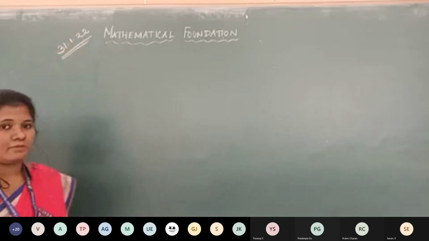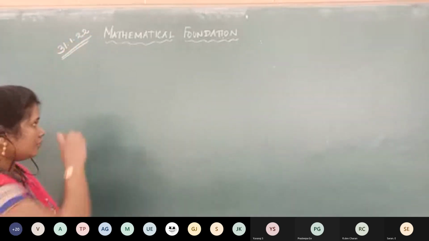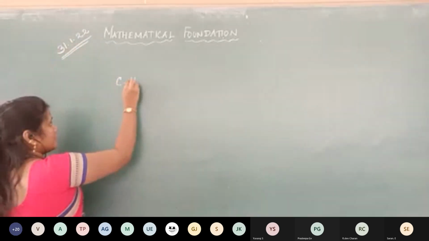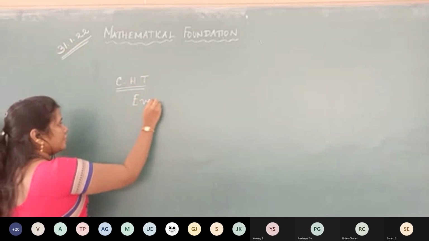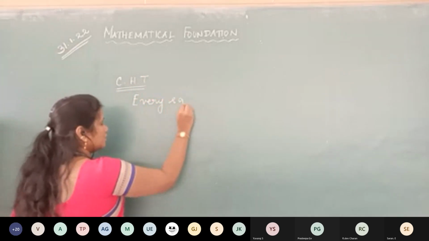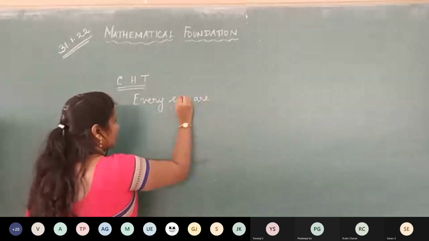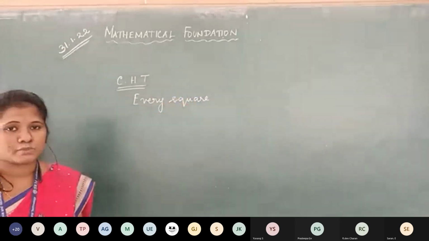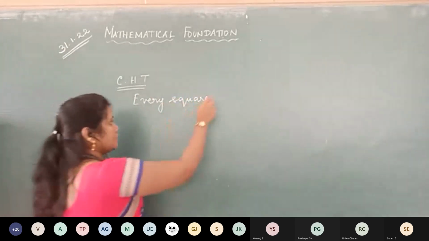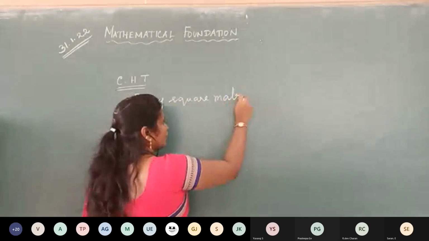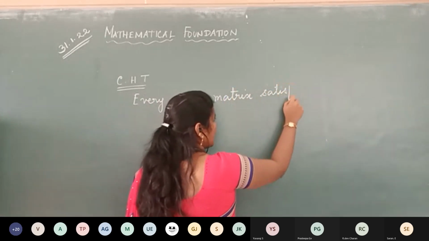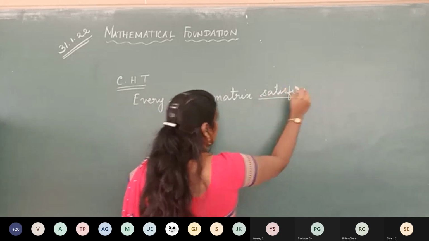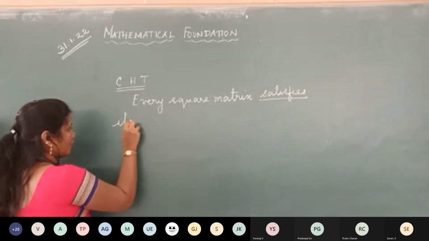I put today's date. Okay. So you have to know your Cayley-Hamilton theorem's statement. Your Cayley-Hamilton theorem statement is every square matrix. I'm repeating it again and again since it will be asked as a 2 marks question. So every square matrix satisfies, you have to write this word satisfies its own characteristic equation.